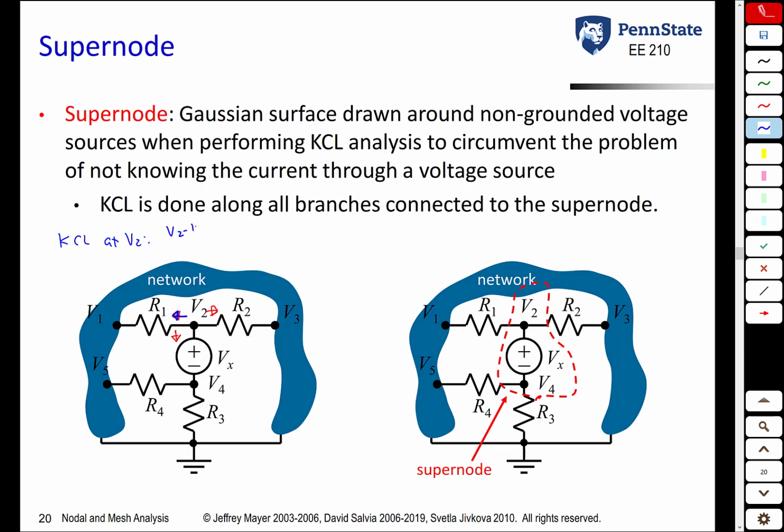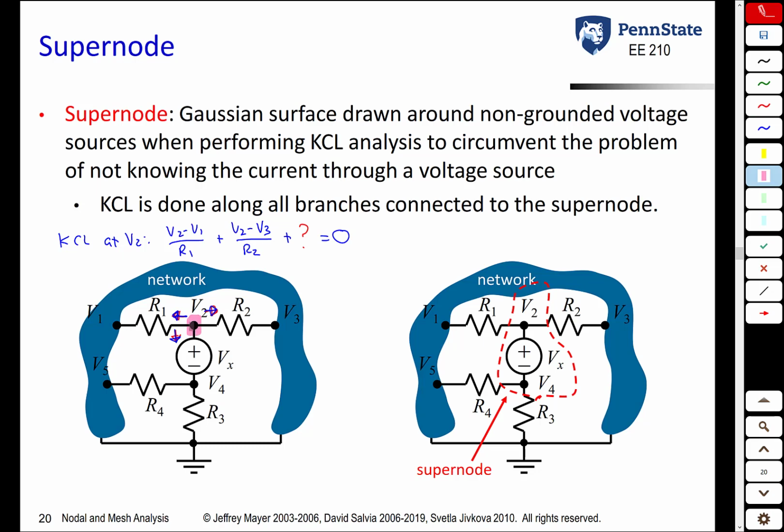It's V2 minus V1 over R1. The current to the right is V2 minus V3 over R2. But the current going down is that current through that voltage source Vx. We don't know what it is.